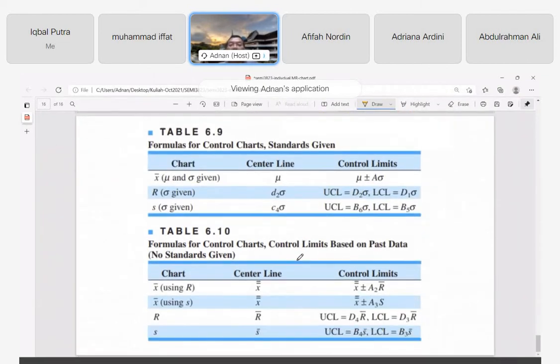All right, this slide also shows a summary of the formulas. When we are given a standard, normally we get it after we revise. Remember that we have phase 1 and phase 2 control charts.